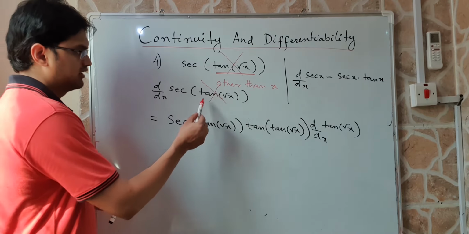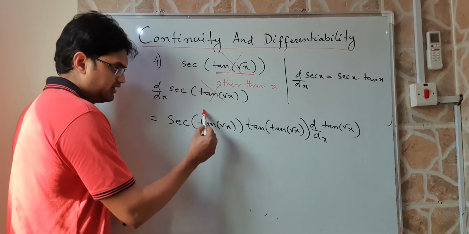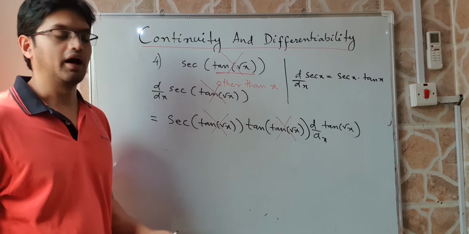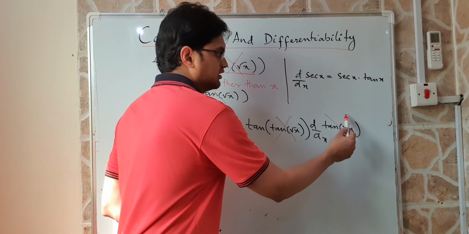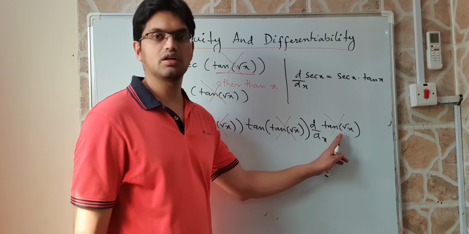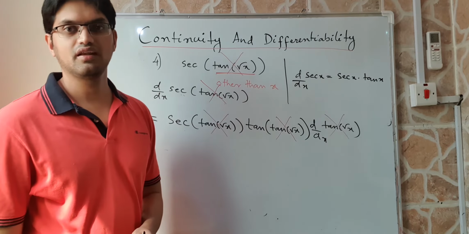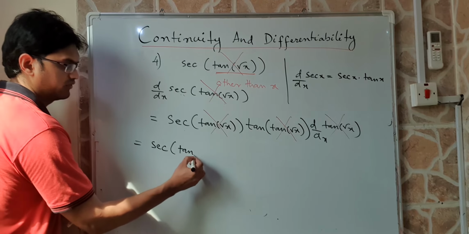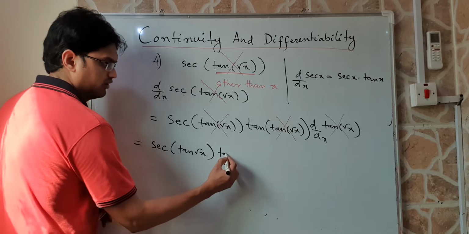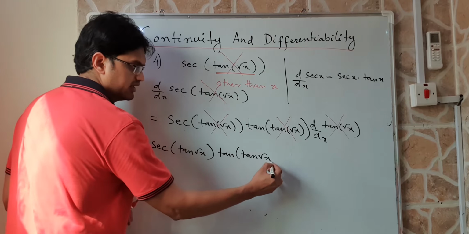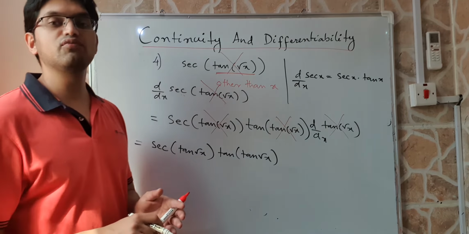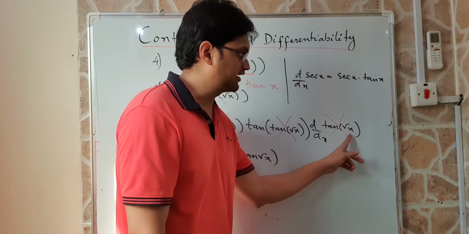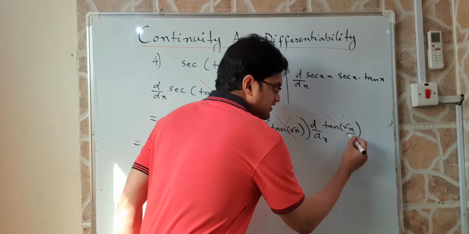So you see, the derivative of secant x is secant x into tan x. Again, the derivative of the angle which is not a direct angle, other than x. So till here it is okay. Secant of tan of root x, you can write. Tan of tan root x also you can write. Again you see, one more time we have to apply the chain rule, as the angle in tan x is not direct. This is again other than x.